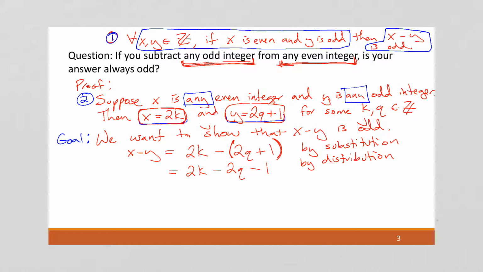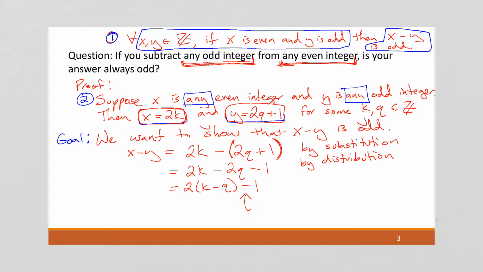And we cannot just say that 2 times some integer, right? We can't just say this is equal to 2k minus q minus 1, which is odd, right? Because this is not the definition of odd. Even if we know it's the same thing, because it is, it's not our definition, and we have to stick to our definitions.